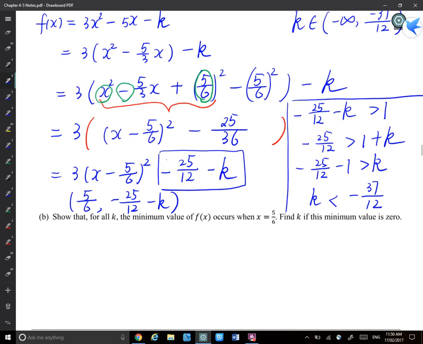Show that for all k, the minimum value of f(x) occurs when x equals 5 over 6.